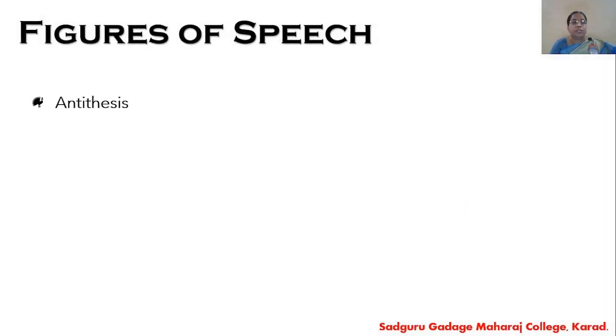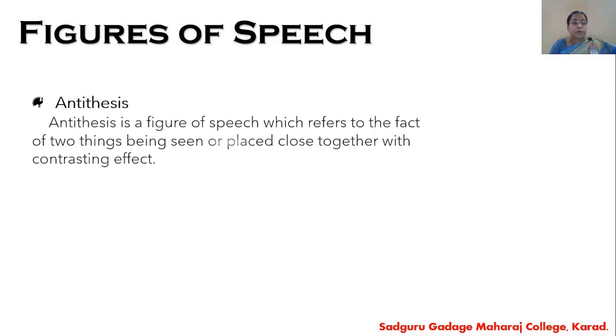Next figure of speech is antithesis. Antithesis is a figure of speech which refers to the fact of two things being seen or placed close together with contrasting effect.